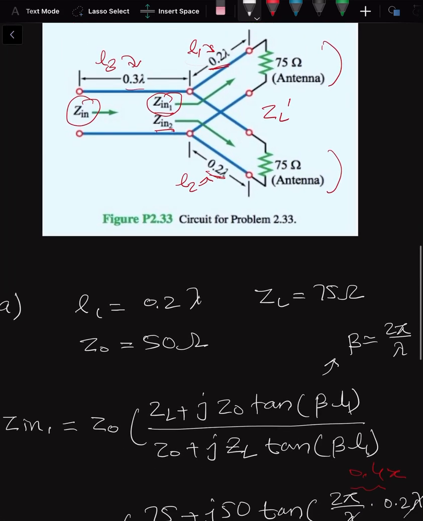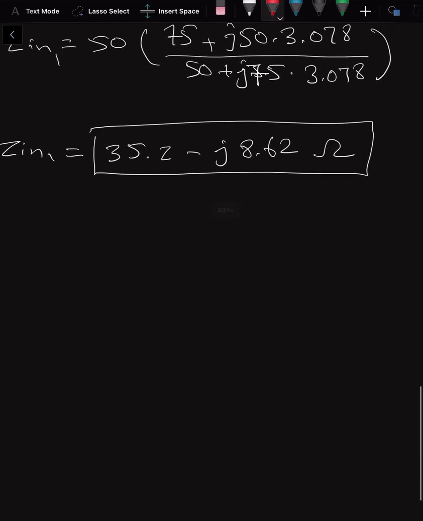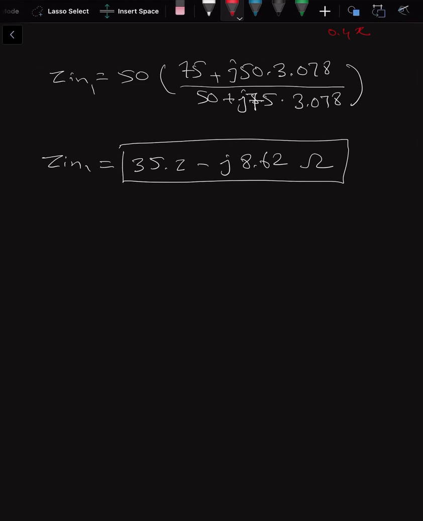Since the loads at antenna 1 and antenna 2 are the same, and the lengths of the transmission lines are the same, the input impedance is going to be the same. So Zin2 will equal Zin1.